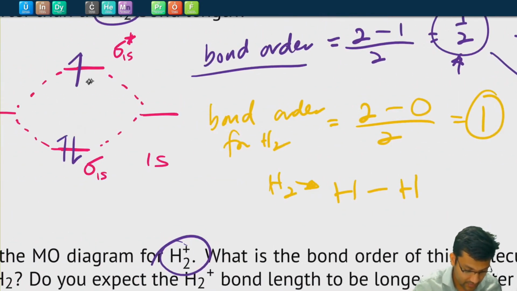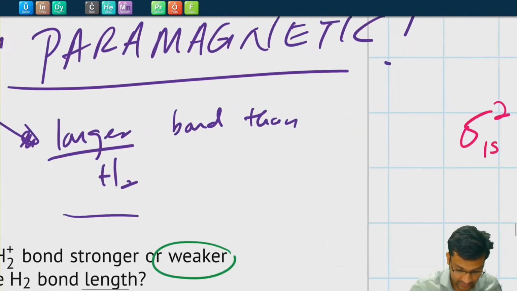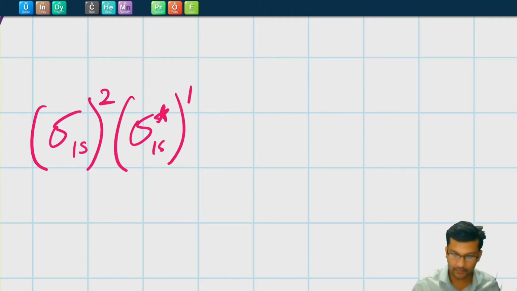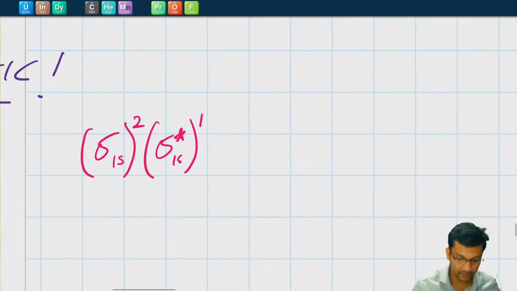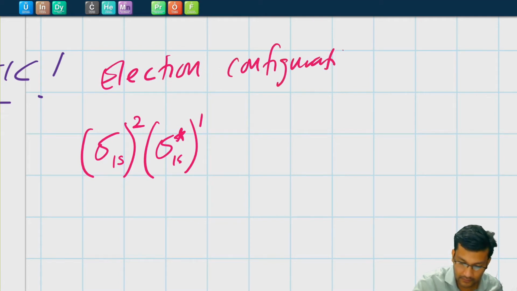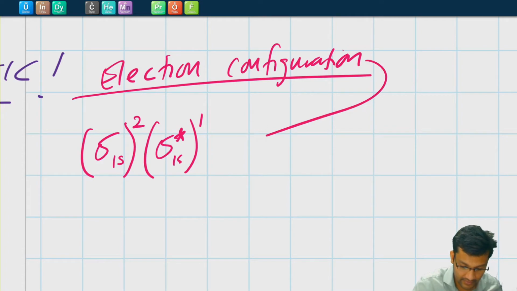Then there is a sigma 1s star with 1 electron. Sometimes people put these in parentheses so that you don't confuse the star. Right, that's the electron configuration for H2 minus, remember.